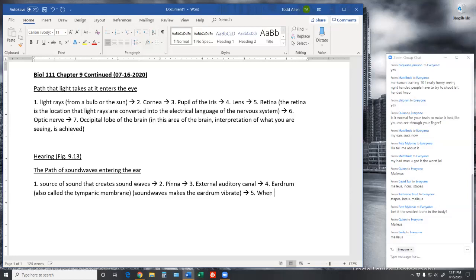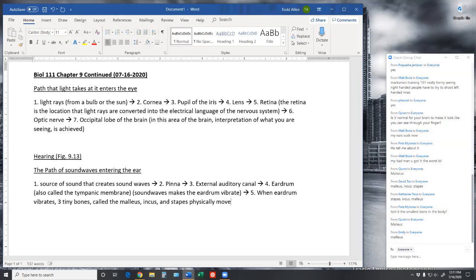So when the eardrum vibrates, 3 tiny bones called the malleus, incus, and stapes physically move in response to the vibration of the eardrum.